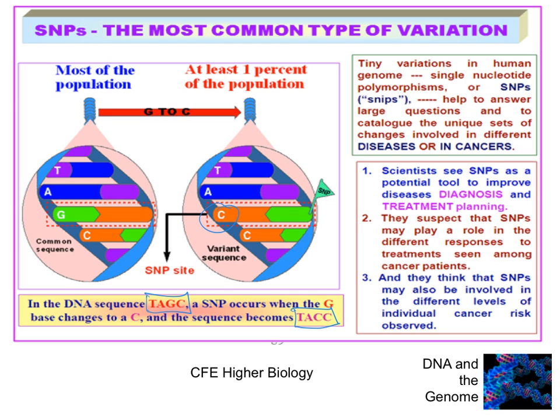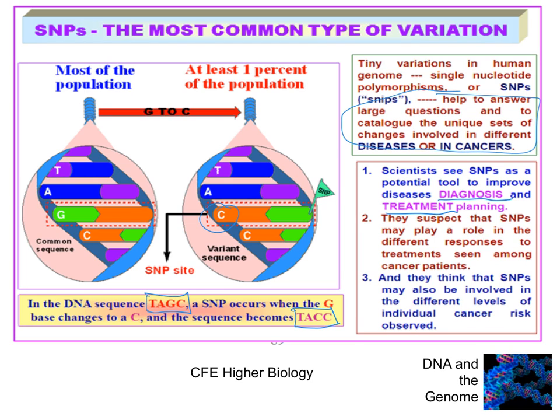So they're regarded as a very valuable tool in research and may aid the treatment for genetic disorders. It may help to answer large questions involved in diseases or in cancers. Scientists see SNPs as a tool to improve disease diagnosis, treatment and planning, and we're going to go on and talk about this.